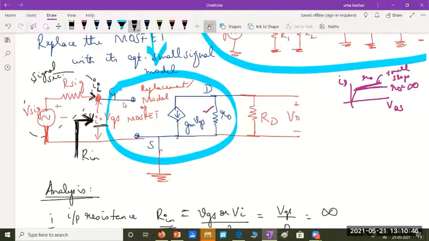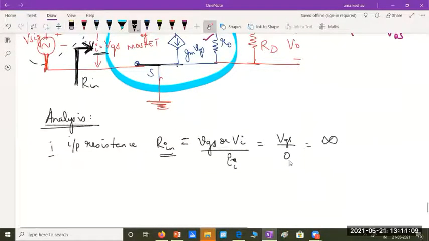I don't have a closed loop. Will there be a current flowing when the loop is open? See, there is no connection. This is ground. So the current which comes here will not exist because of this open circuit. So you can essentially say that the input current is zero because of the open loop. Ii is zero if I substitute.